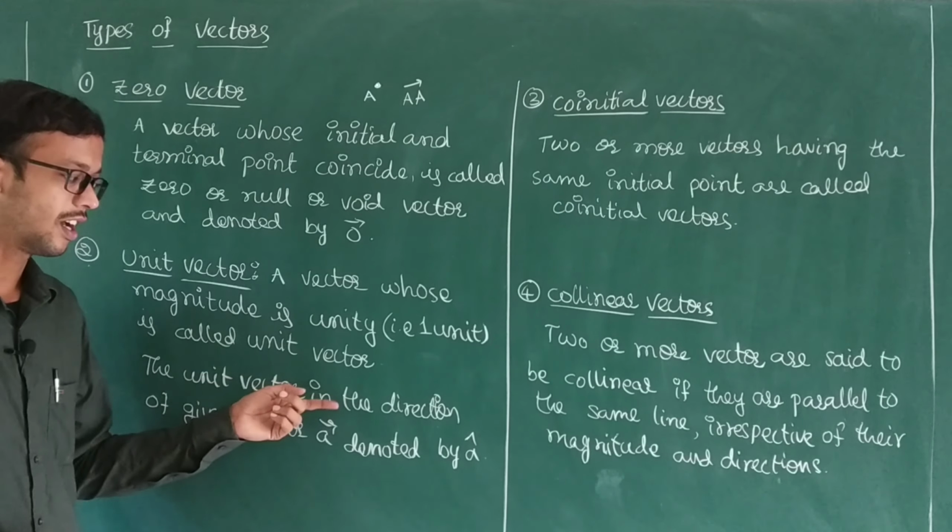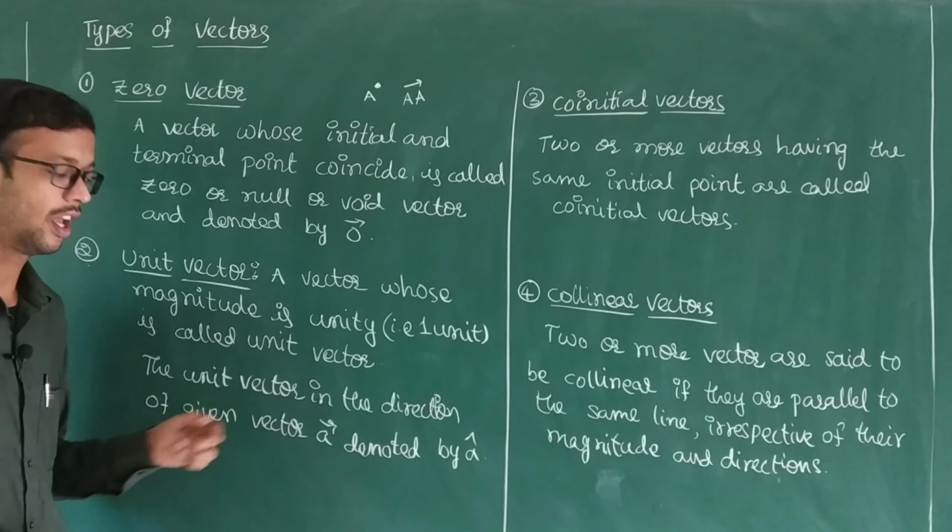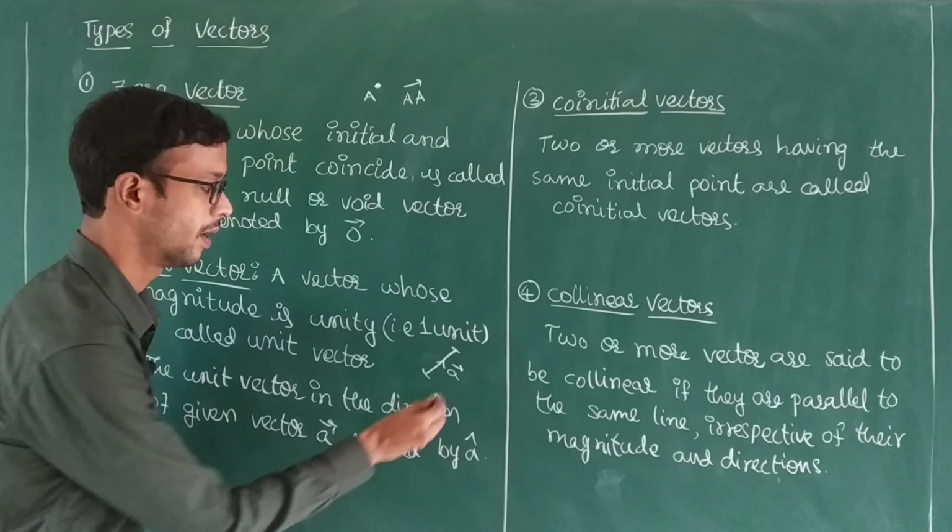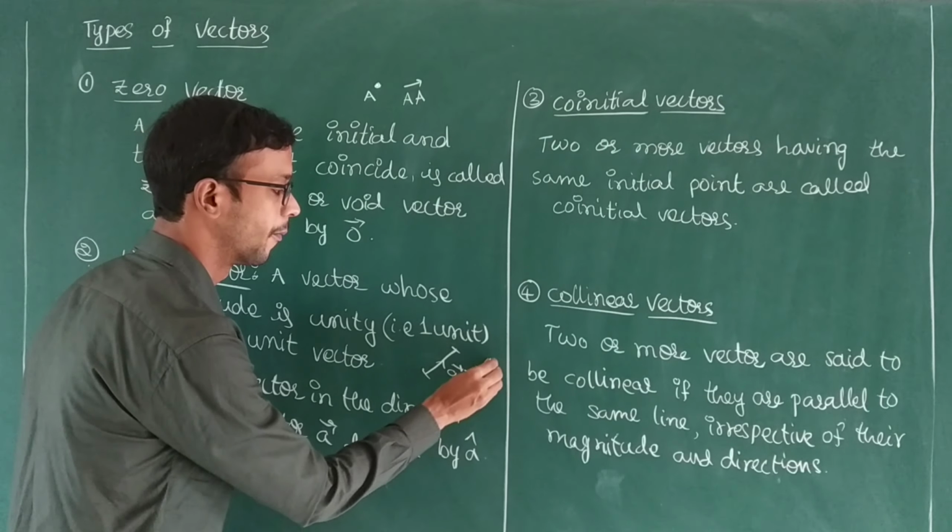The unit vector in the direction of A bar is denoted by, here you see, A bar is a vector having magnitude 1. Then the vector is called a unit vector, denoted by A cap.